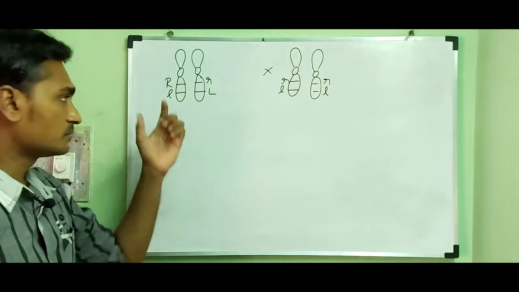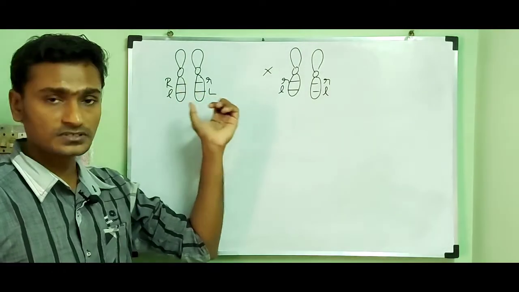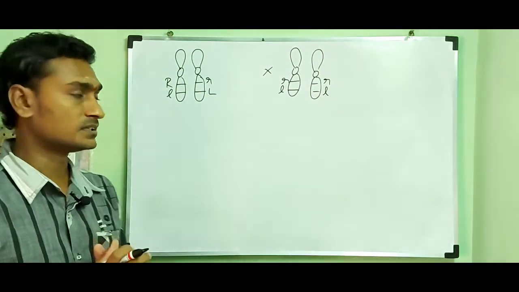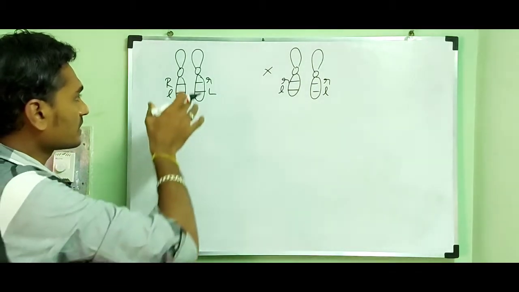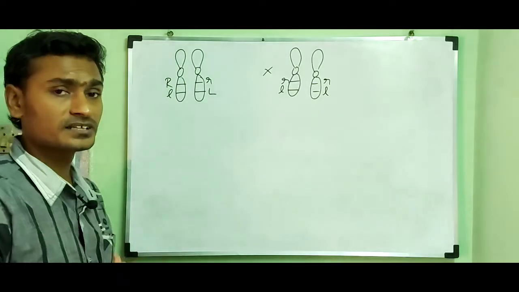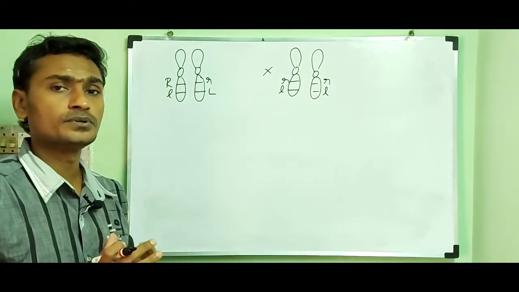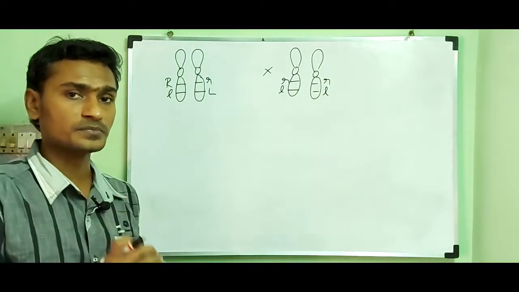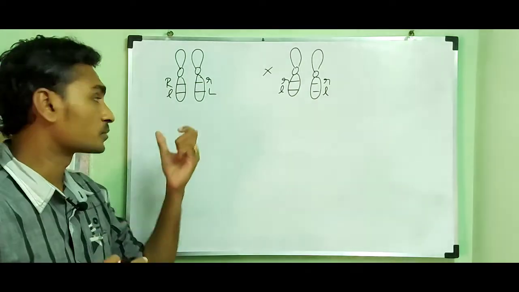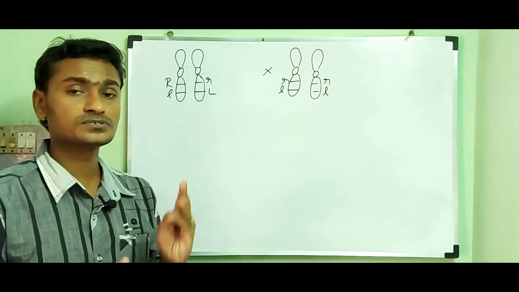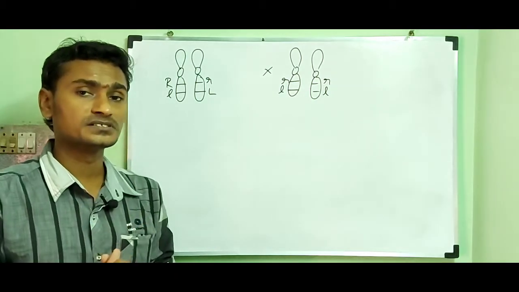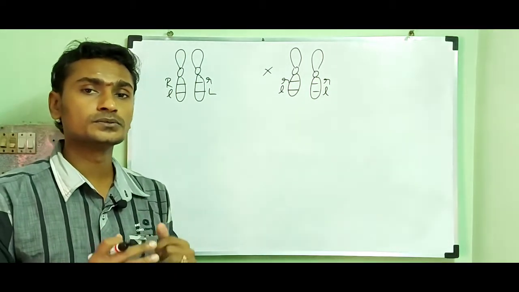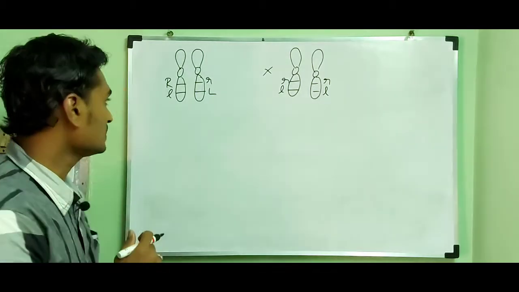Then the individuals are ready for the cross. Before that, they have to produce gametes. The heterozygous dominant parent produces only 2 gametes. Actually it has to produce 4 gametes, but it produces only 2 gametes. The reason is the absence of crossing over.